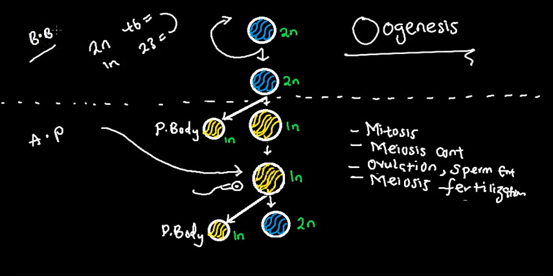What happens before birth? Before birth, a female baby has all her eggs already formed in her ovaries, and there are tiny sacs which we call primordial follicles. Let's write it down: we call them primordial follicles.